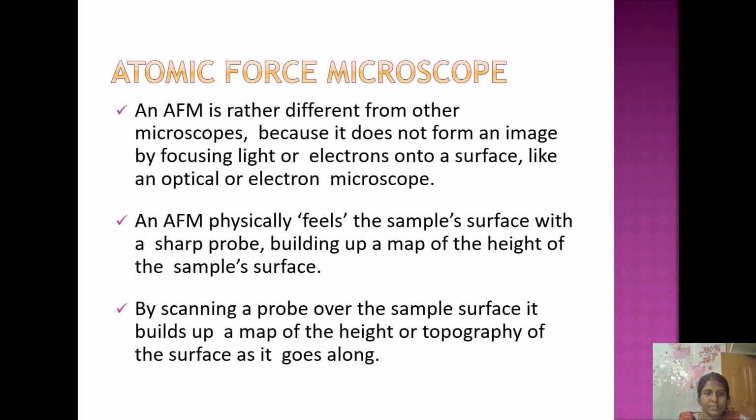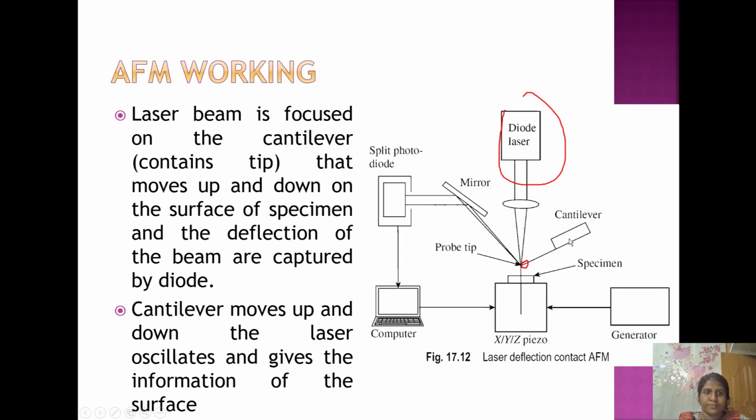By scanning a probe over the sample surface, it builds up a map of the height or topography of the surface as it goes along, moving up and down. Here, a laser beam is focused on the cantilever. The cantilever contains a tip.